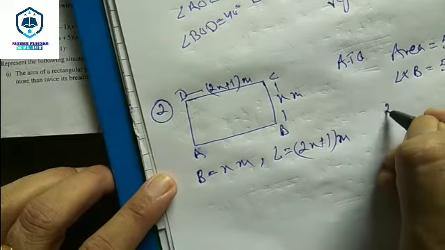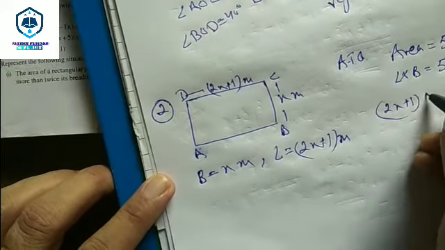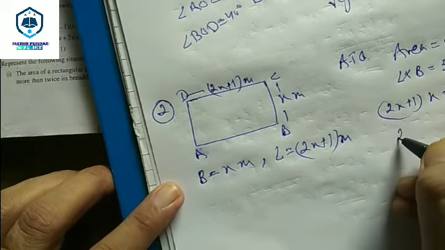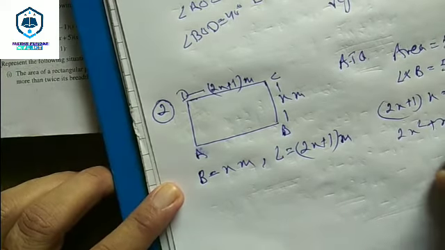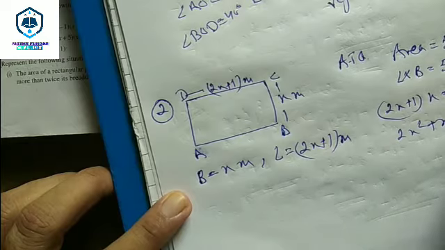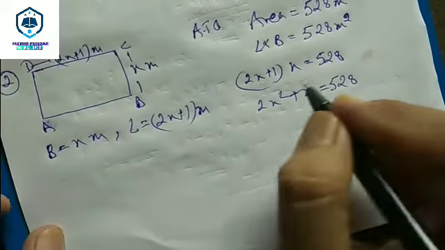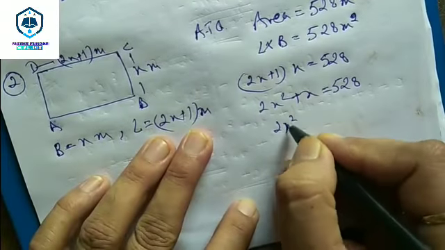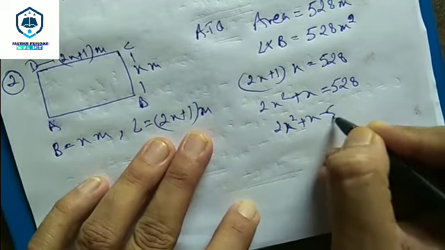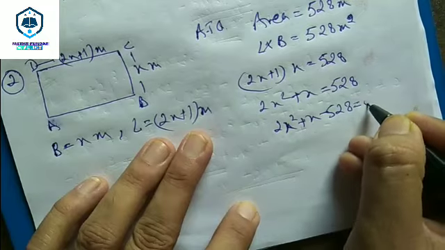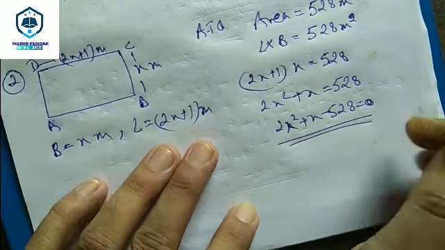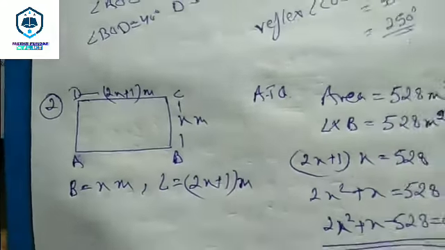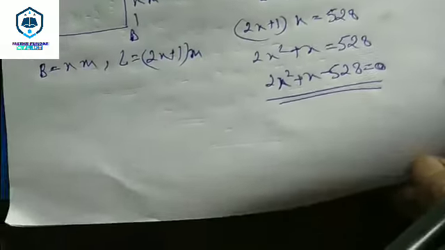Now value of L is 2x plus 1, value of B is x, so (2x plus 1) into x is equal to 528. So we have 2x square plus x is equal to 528, or we can write 2x square plus x minus 528 is equal to 0. So we have represented this in the quadratic equation form.